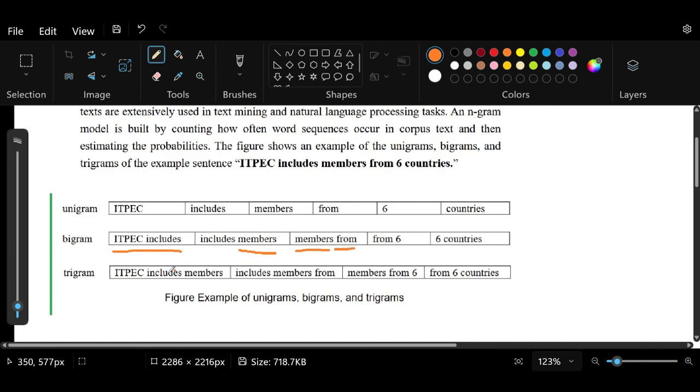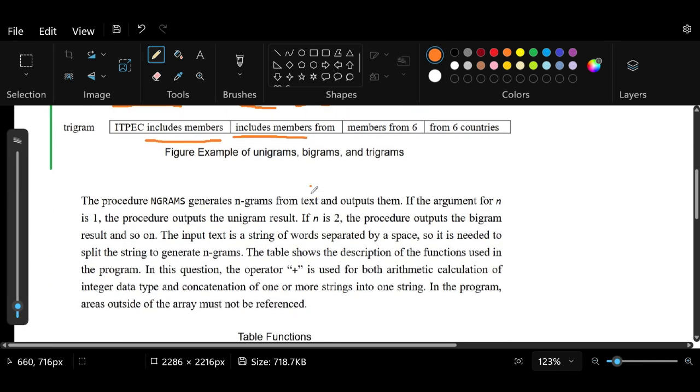For trigram, instead of 2 words, we put 3 words in a slot. And for the second slot, we start off first with includes members, and then add the next word that we can find in the example sentence.